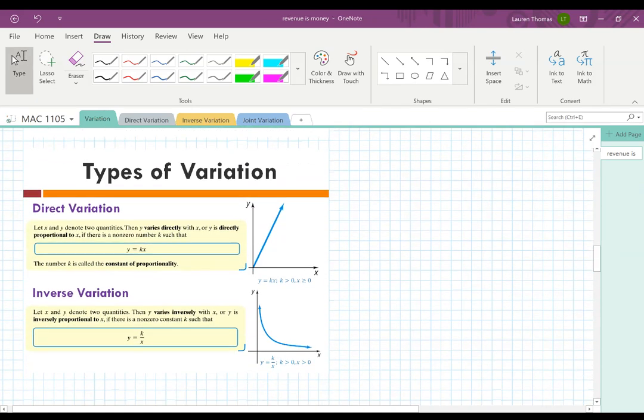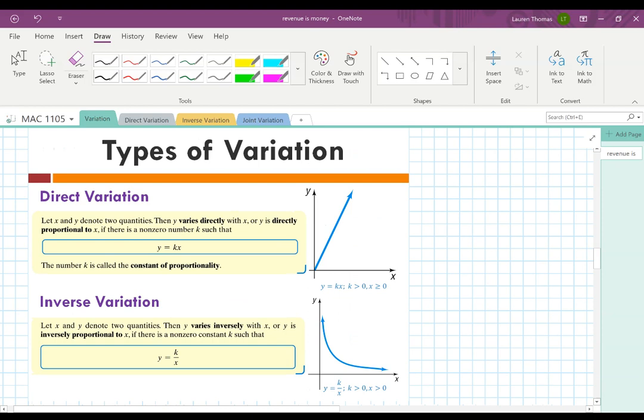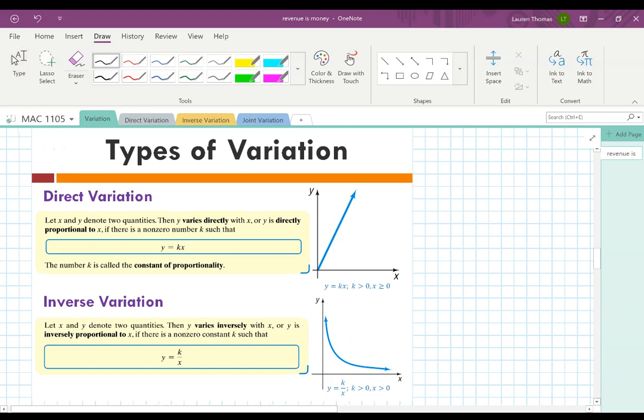In direct variation, let x and y denote two quantities. Then y varies directly with x, or y is directly proportional to x, if there's a non-zero number k such that y equals k times x. The number k is called the constant of proportionality.